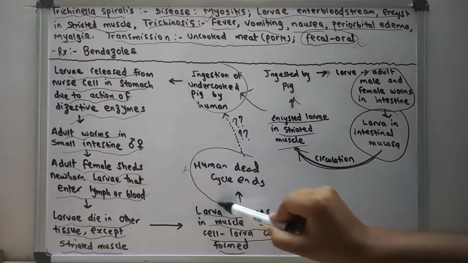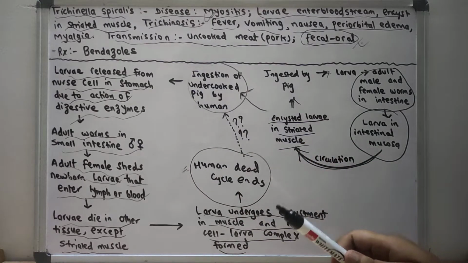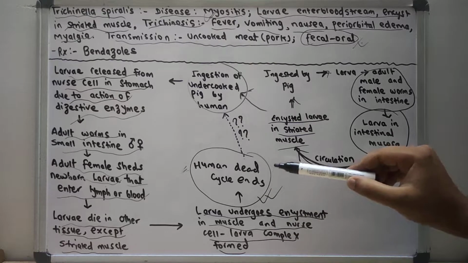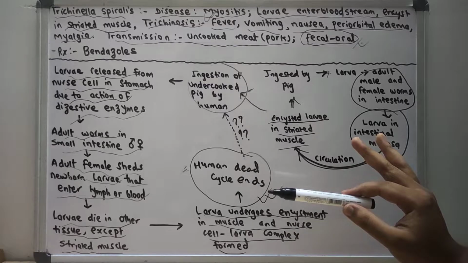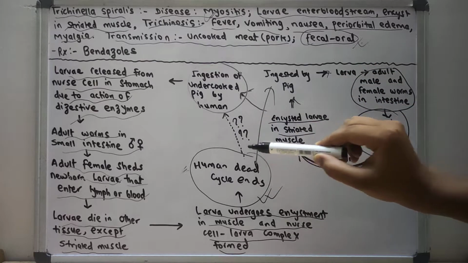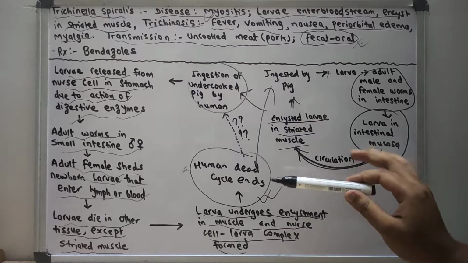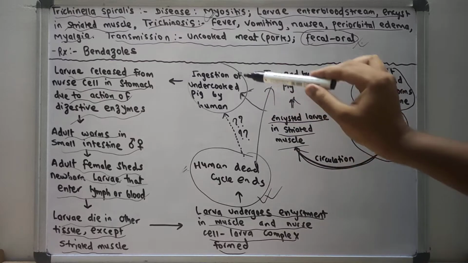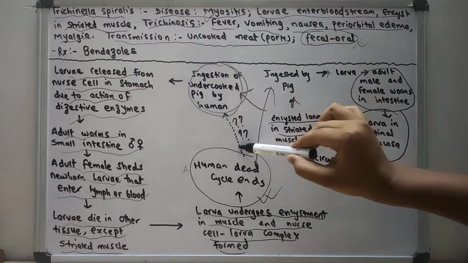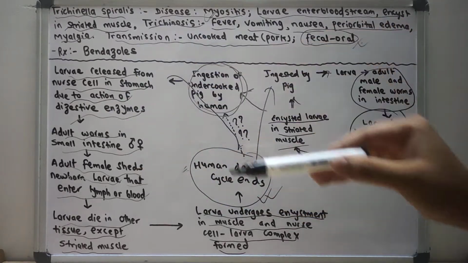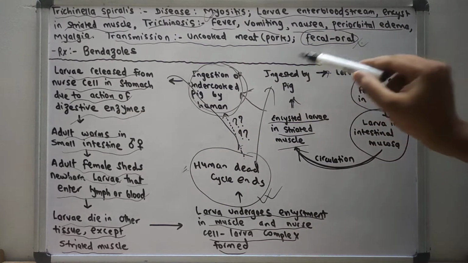Ultimately, if the human is dead, then the cycle ends, until and unless the human flesh is ingested by a pig, or there is some form of cannibalism and accidental ingestion of human meat. Then again the life cycle occurs in the human, or it can occur in the pig.